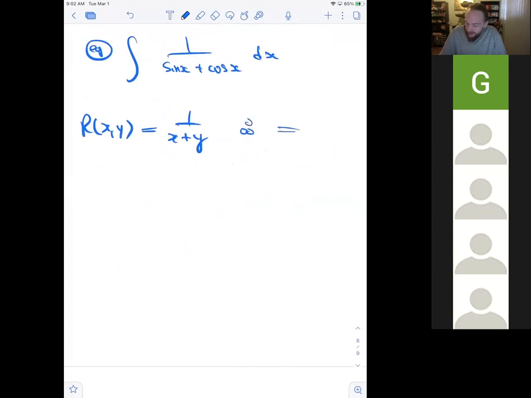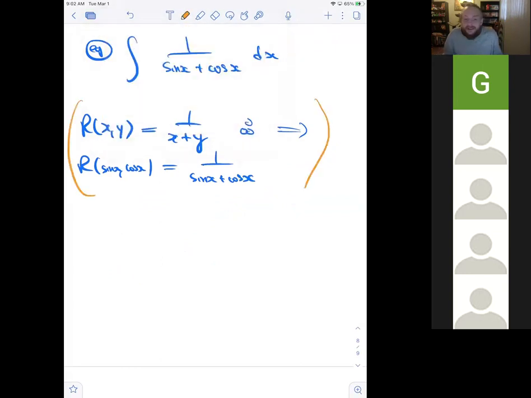And therefore, if I had a rational function in sine x and cos x of those 2 variables, it would be equal to 1 over sine x plus cos x. So that's how I know it's a rational function, a ratio of 2 polynomials, essentially, not in x and y now, not of 2 regular variables, but of sine x, cos x.